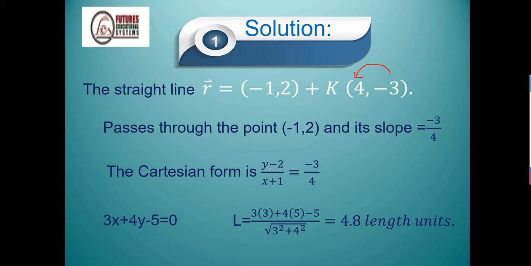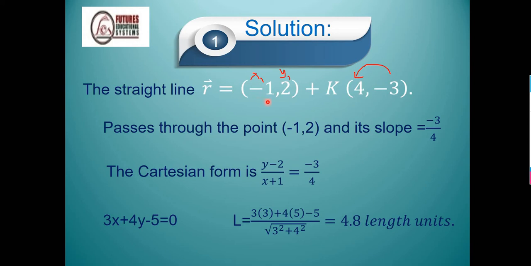The Cartesian form: y minus y1 over x minus x1 equals the slope, which is -3 over 4. Cross multiplication, we get the general equation of the straight line: 3x plus 4y minus 5 equals 0.